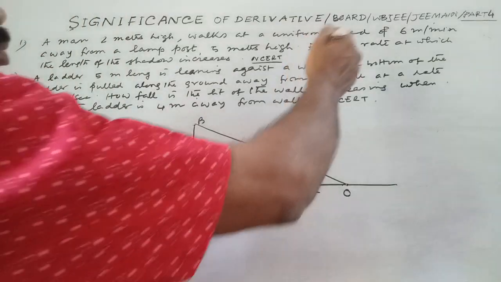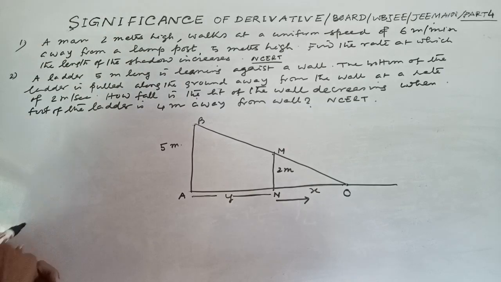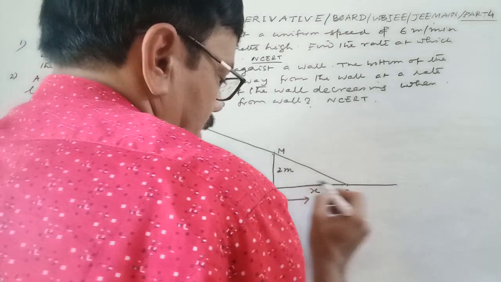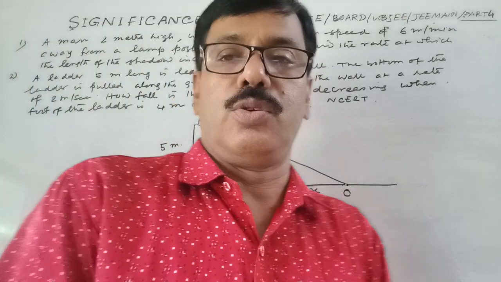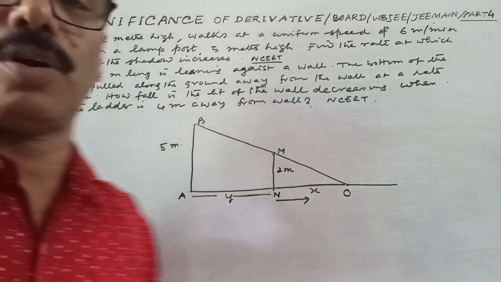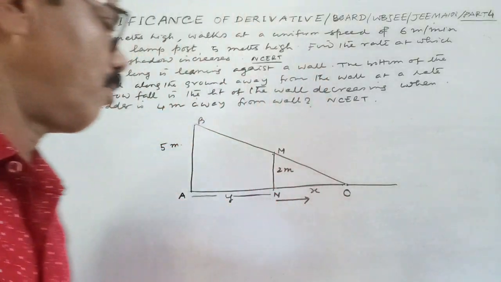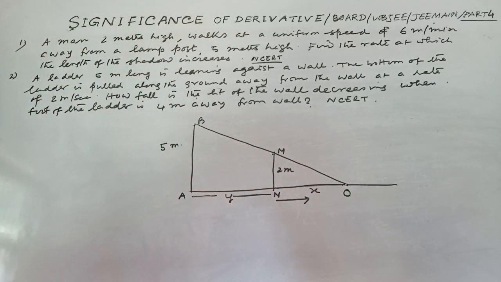And you have to find the rate of change of shadow, that is dx by dt. There is no direct relation given between x and y. So using properties of similar triangles, you have to find a relation between x and y.